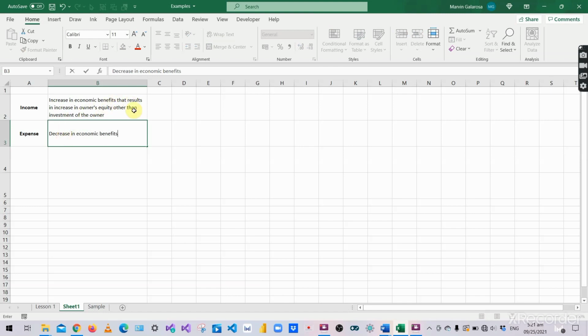Kung si income ay magre-resulta sa increase ng equity, paano naman si expense? Siya naman ay decrease in owner's equity. So, decrease in economic benefits that results to decrease in owner's equity, other than withdrawals by the owner.